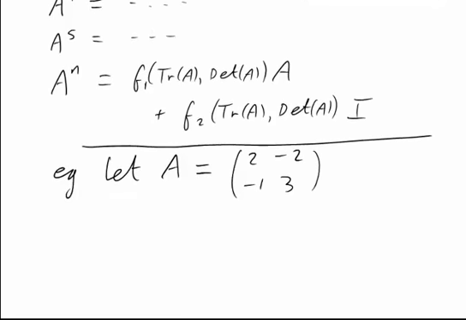I'm going to tell you that the eigenvalues for this a are 1 and 4. I urge you to check that by working them out yourself on paper, but this is not a screencast about eigenvalues, and we've done that elsewhere, so I'm just giving the result here.